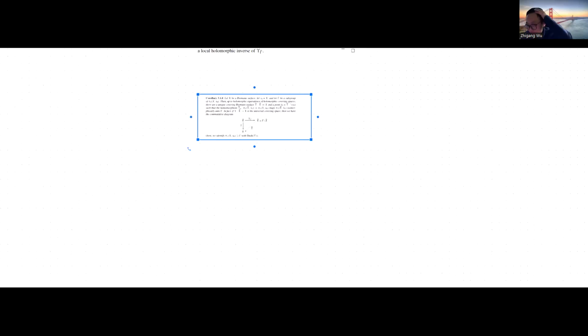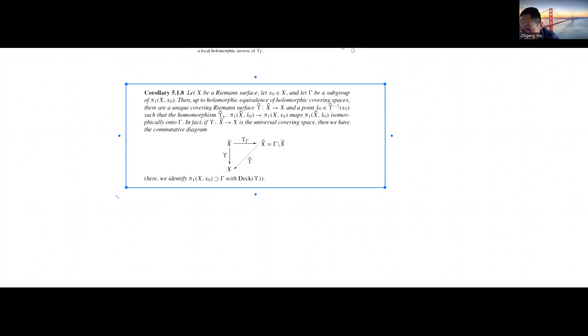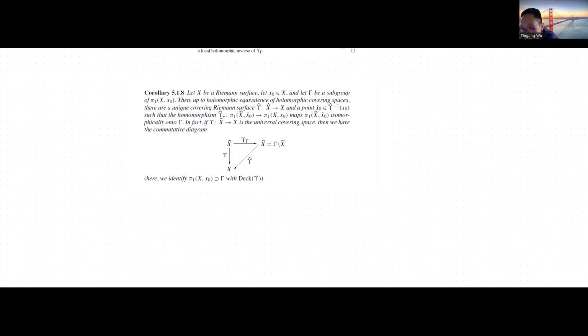Let X be a Riemann surface and let X naught be in X. So we pick a base point of X. Then let Gamma be a subgroup of pi one of X, X naught.